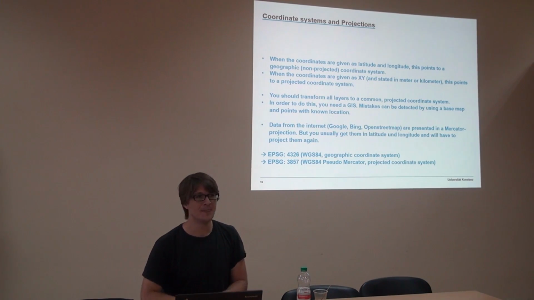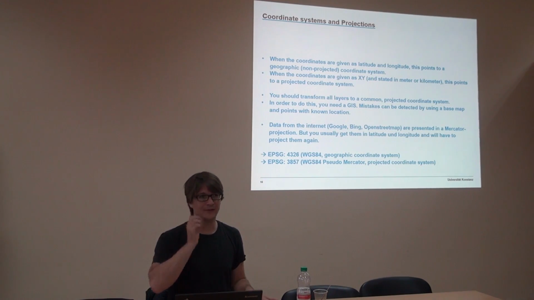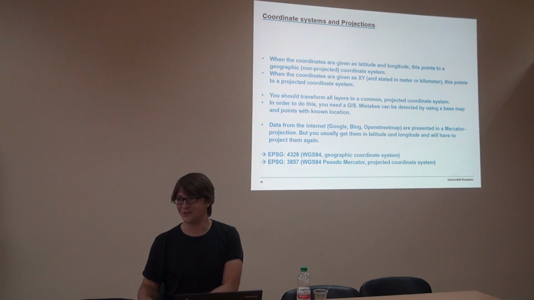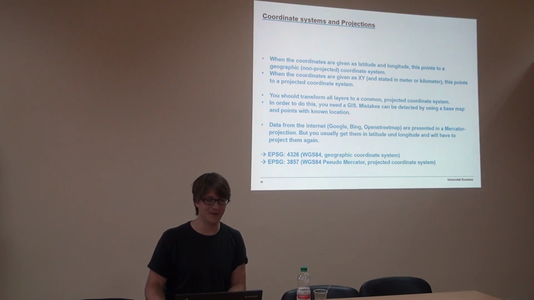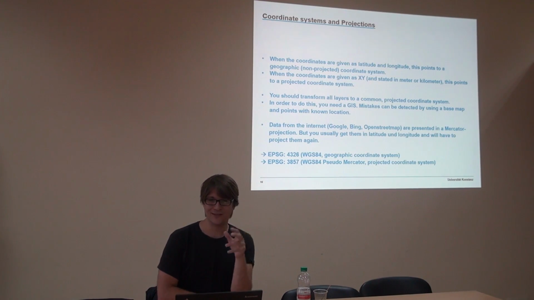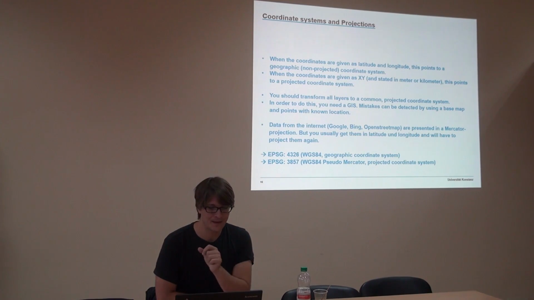Everything works fine in your geographic information system, but when you want to do statistical analysis, you should project it to a projected coordinate system. You usually recognize that when the coordinates are given as x and y and are stated in meters or kilometers. Then you have a projected coordinate system, and you can run all your statistical analysis.